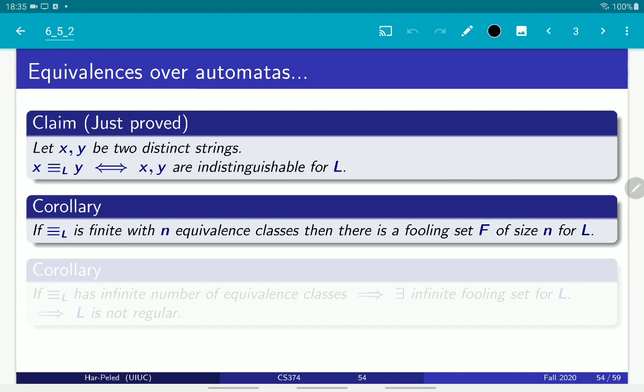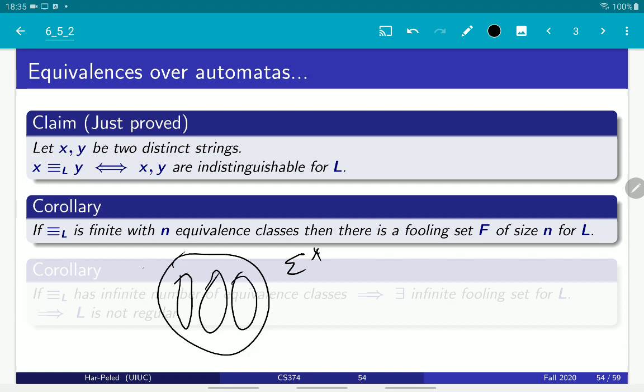Because Sigma star is partitioned into classes, and from each one of the classes, just pick one of the strings, right? So x1, x2, x3, and just put them into a fooling set, x1, x2 to xn.